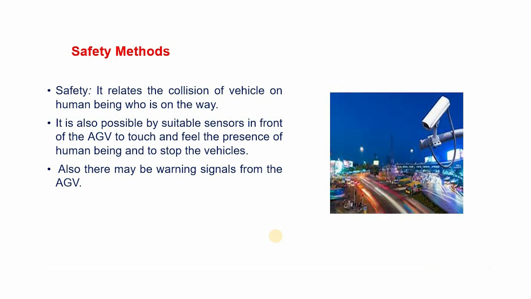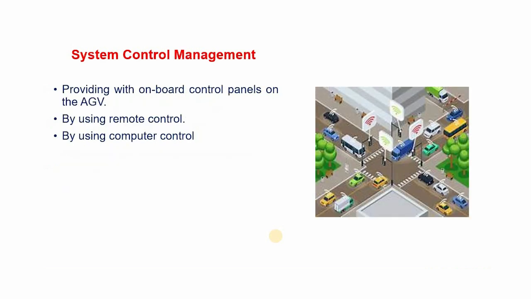This helps to avoid collision between the vehicles as well as collision with any other parts or human beings. Also, there may be warning signals from the automated guided vehicle system. The sensor is working and providing the warning signals to avoid collision between the vehicles and human beings.